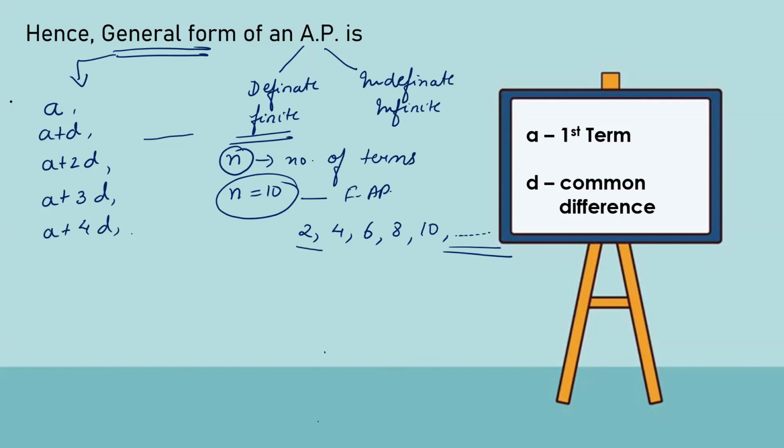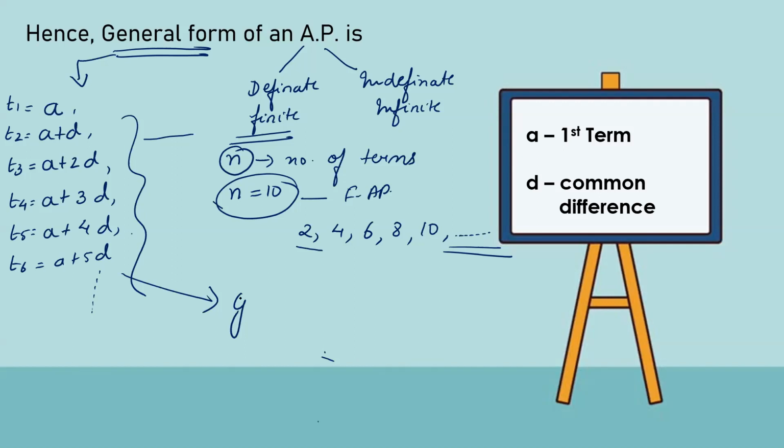So over here I'll write T1, T2, T3, T4, T5, T6, A plus 5D, and so on. So now according to this, in the next class we will come down to a general form for an nth term of an AP.